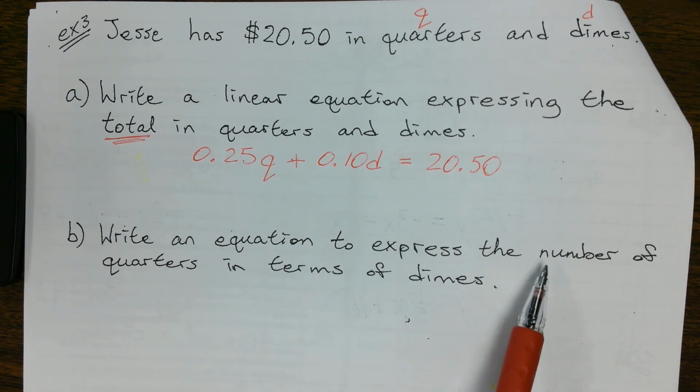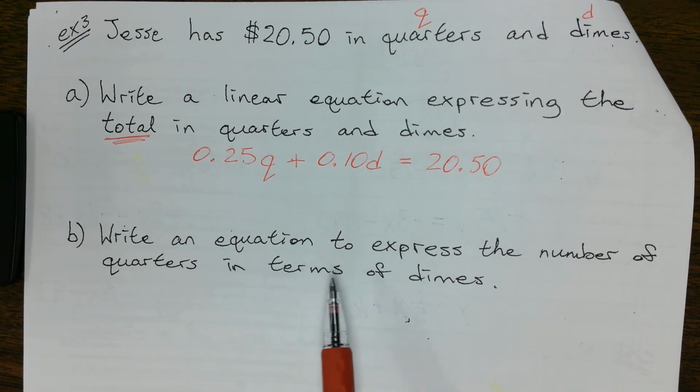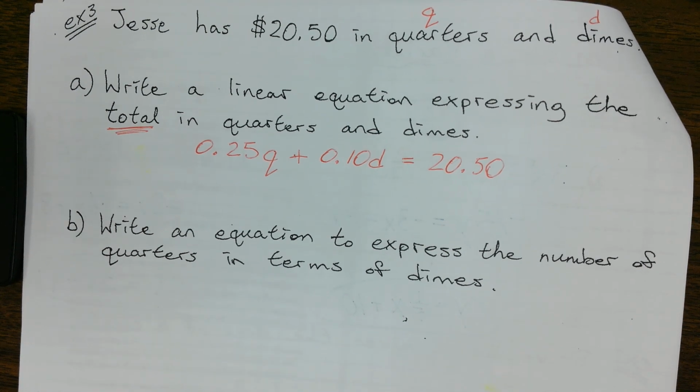Write an equation to express the number of quarters in terms of dimes. So part B, what am I solving for then? All right, so who says Q equal? Who says D equal?